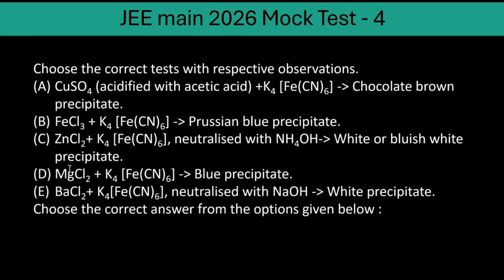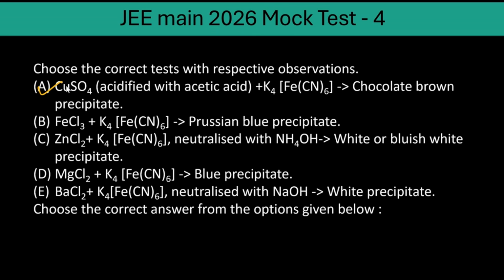Choose the correct test with the respective observation. Copper sulfate acidified with acetic acid plus potassium ferrocyanide will give you a chocolate brown precipitate. So that is right, that will give you reddish brown copper ferrocyanide precipitate.